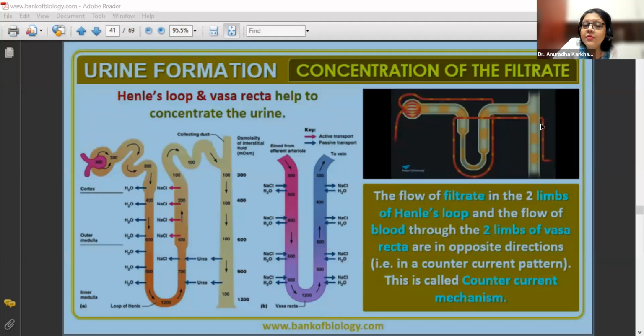To meet whom? It is going to meet the venules to reach the inferior vena cava. Okay, so this is going to finally reach the inferior vena cava.